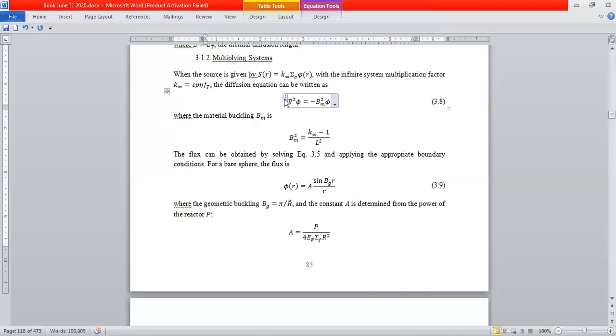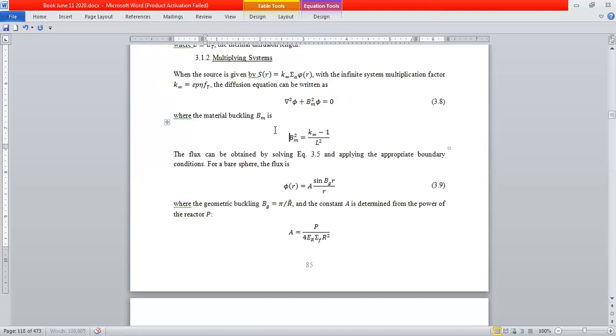Which means that if you have a function, if you apply an operator on it, and you get the same function multiplied by a constant, then these are called eigenfunctions for the eigenvalues. So very well known problem again, but I don't like to write it like this. I like to write it like this.